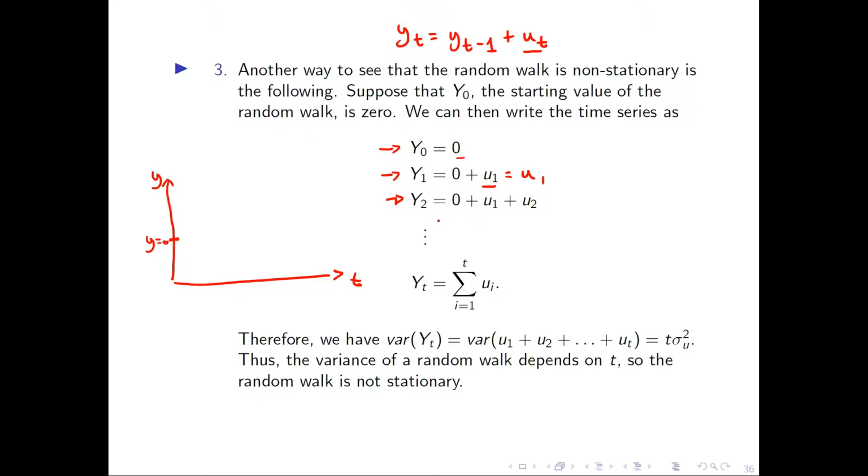And these error terms add up, so y3 is equal to the value of y during the previous period, which is u1 plus u2, and you have to add on the error term for period 3, which is u3.